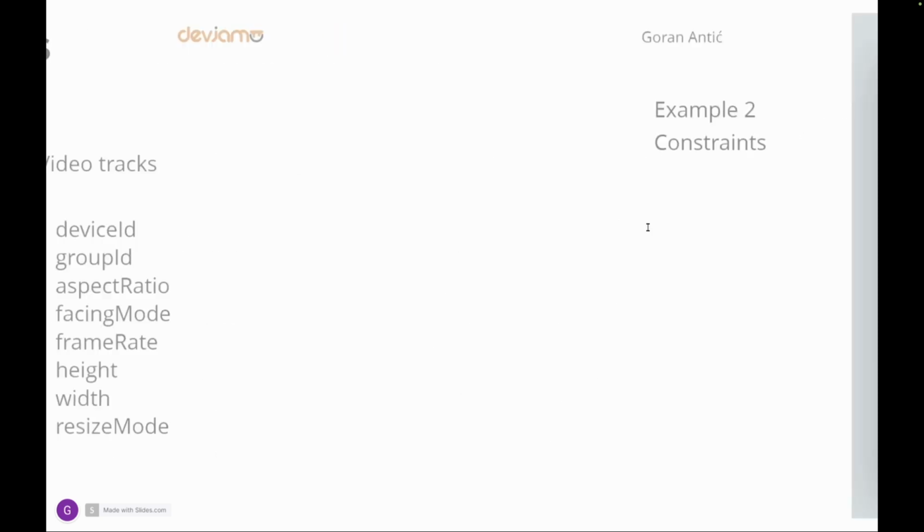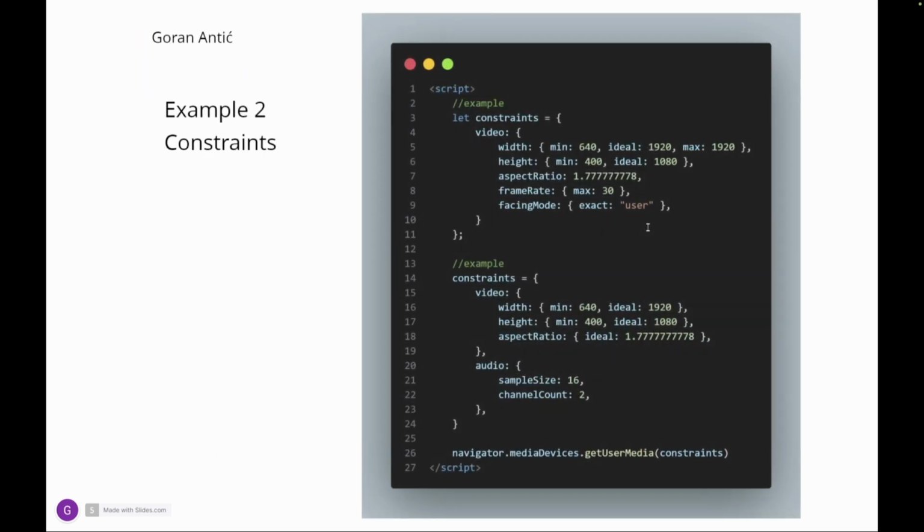So yeah, this is a couple of examples of how constraints are constructed in an object and then can be thrown into the user media getter. And there is a heuristic for how WebRTC decides which of these have the priority.